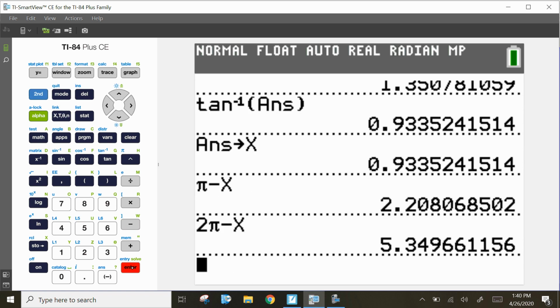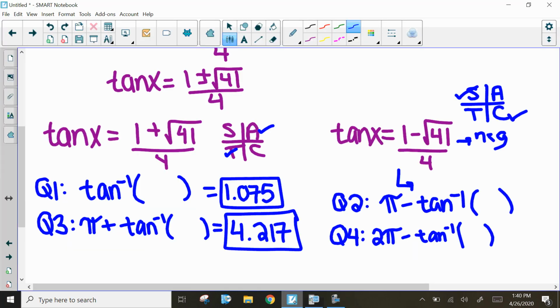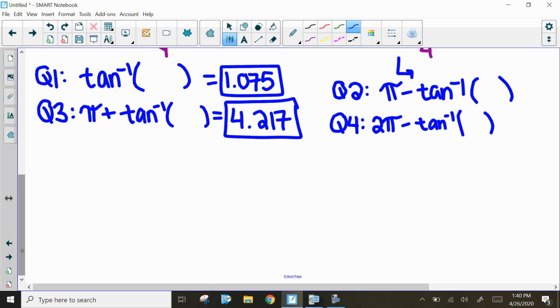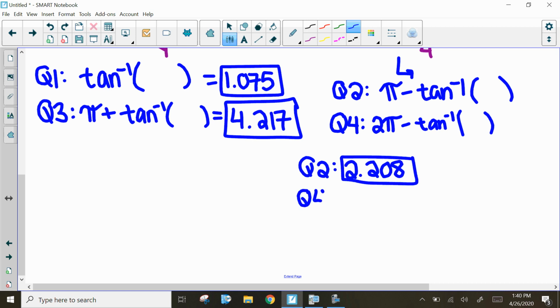So I get 2.208 and 5 point, we'll round up, 350. Okay, so quadrant 2, I'll just write these down here. Quadrant 2 ends up equaling 2.208. And then quadrant 4, we got 5.350.